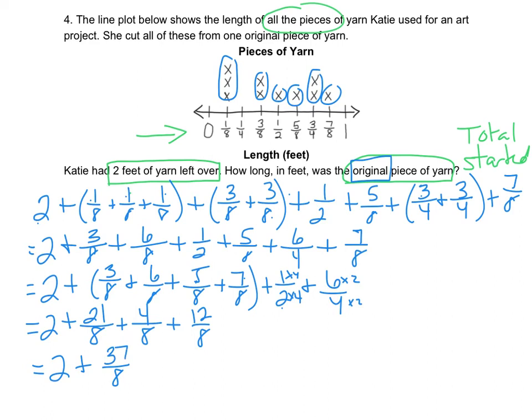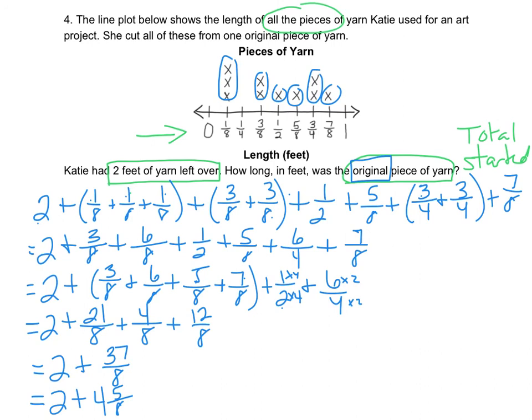Now I'm going to convert the 37 into a mixed number. So 2 plus, what's 37 divided by 8? Or how many 8s fit into 37? Well, 4. So 4 times 8 is 32, so I'm taking away 32 from that 37, and that leaves me 5, and my denominator stays the same.